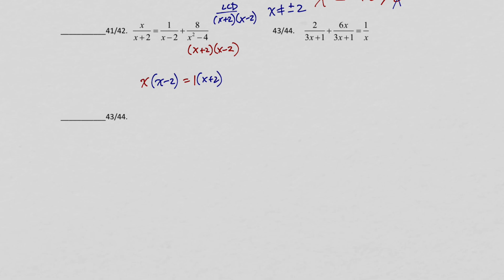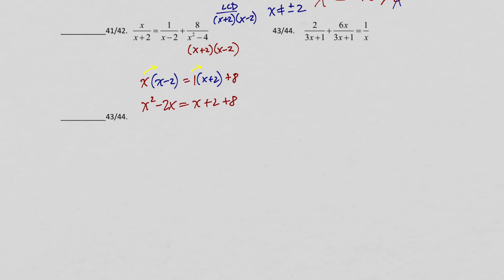And then I have the plus 8, and I'll multiply this by what's missing from the denominator, and nothing's missing, so this doesn't get multiplied by anything. Now I'll take this x and distribute it, and we'll get x squared minus 2x. I'll take this 1 and distribute it, and get x plus 2, and then I have plus 8.